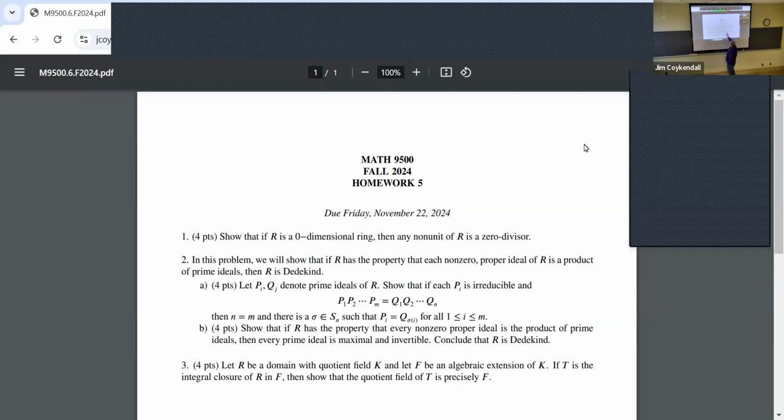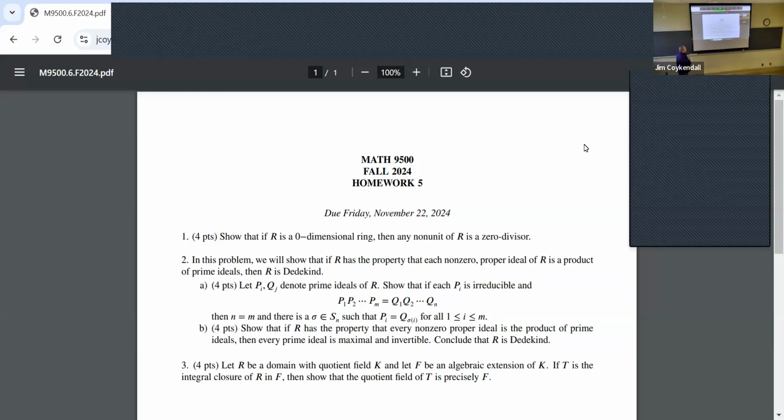Really all you need to do is show that if every non-zero proper ideal is a product of prime ideals, then every prime ideal is invertible, and that'll do it for you, right? Why did I put maximal in there? Because I think it will help. It will help if you show this first, and then use that to show that every non-zero prime ideal in this situation is maximal and then invertible, and then conclude instead.